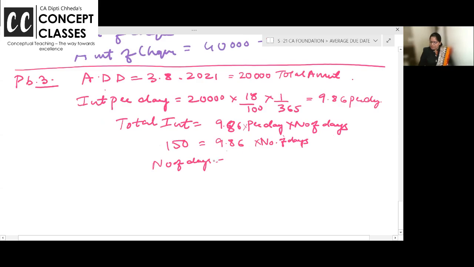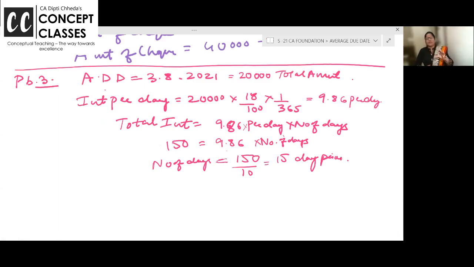Because we are taking days, we can round off also. 150 divided by rupees 10 interest per day, anyhow we have taken. So if you pay 15 days prior, you will earn it, and I hope you all are getting this.